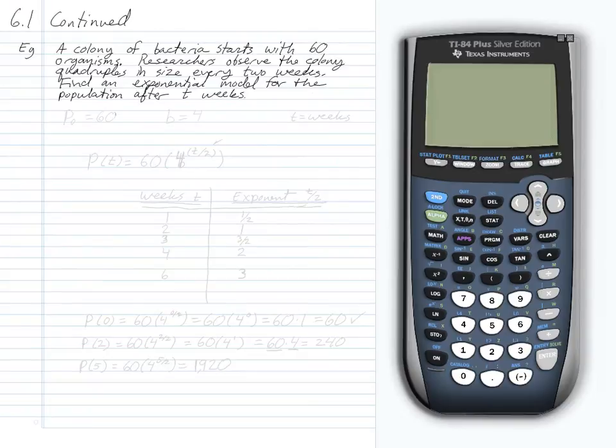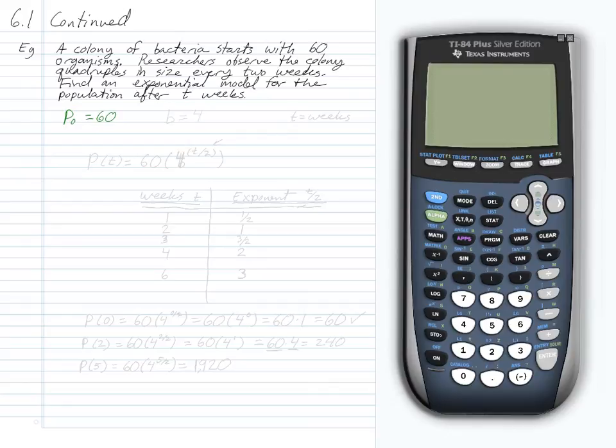Now, the final strange topic in this section is that of changing time frames. So suppose here we have a colony of bacteria, and we begin with 60 organisms, so p sub 0 would be 60. We notice that the population quadruples every 2 weeks, but that might not be useful for us.